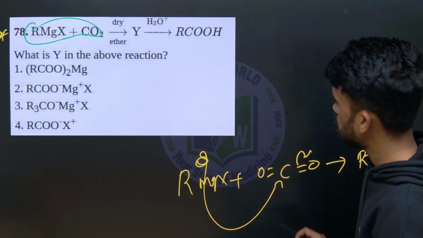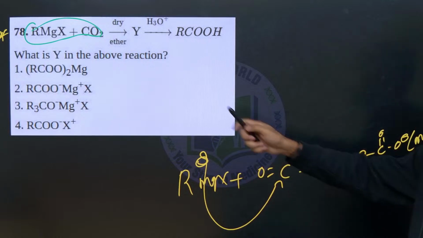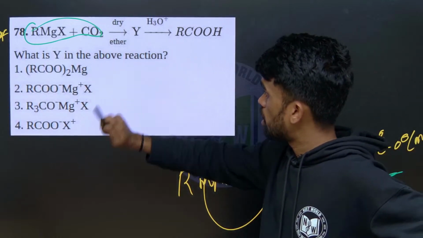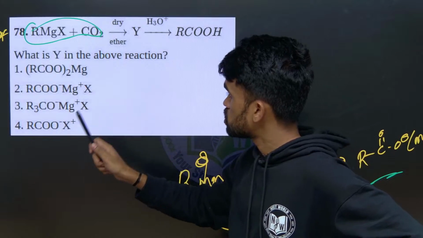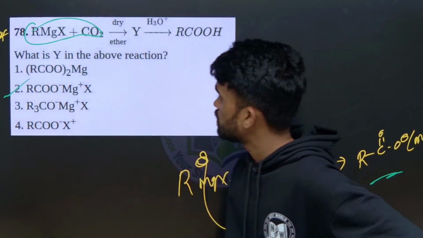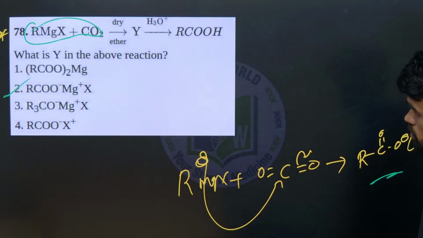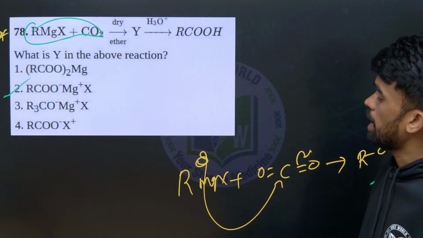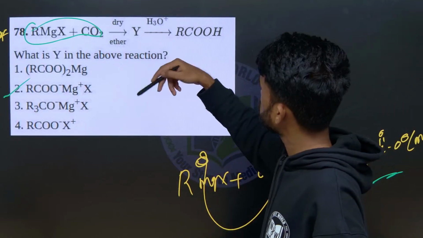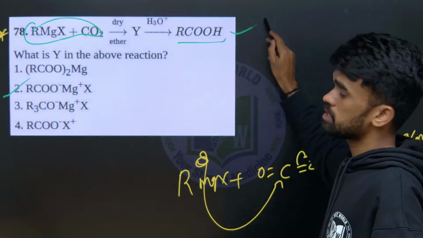So this is the product formed. Grignard reagent with CO2 forms the salt of carboxylic acid. So the second statement is correct. And hydrolysis gives carboxylic acid. So this is the carboxylic acid.